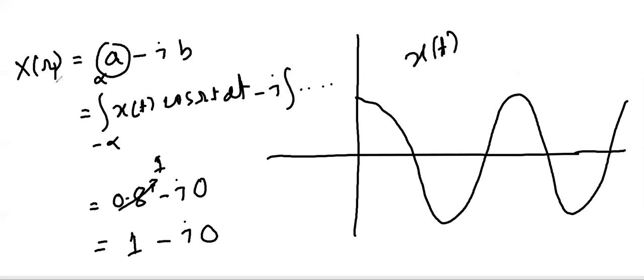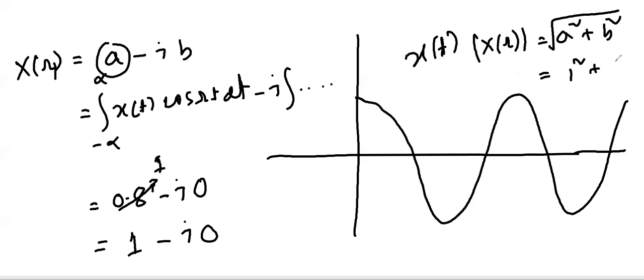This is for omega 1. So now in the frequency domain, if we want to plot the magnitude response of X(omega), what is the formula? Square root of A squared plus B squared, where A is 1, 1 squared plus 0 squared, root. So that will give exactly 1. For which frequency? For omega 1.